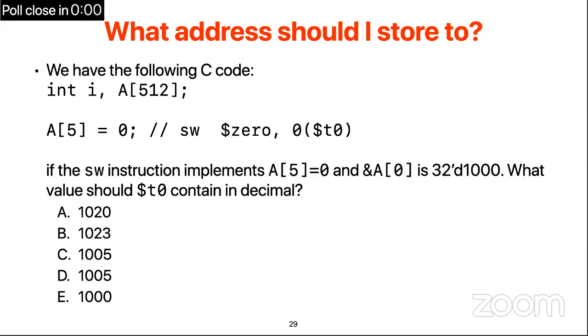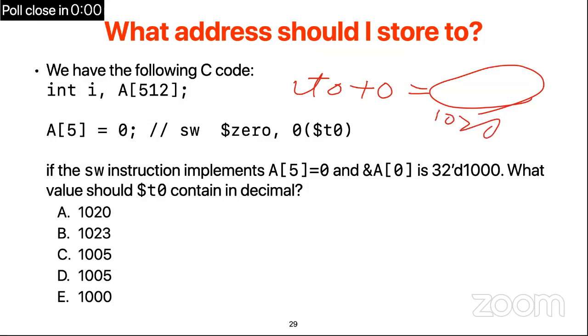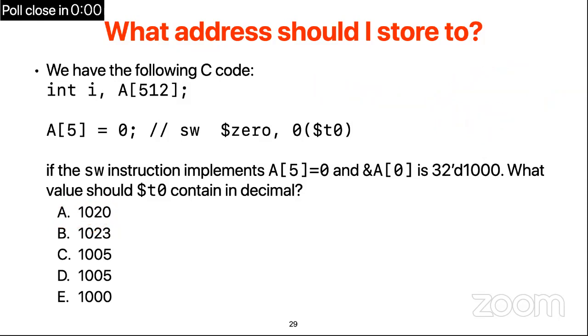Because the offset in this instruction is 0, the outcome of T0 plus 0 must be the target address, and if the target address needs to be this, then this is going to be the answer. I'm glad that most of you got it right, and hopefully the explanation clarifies some misunderstanding about memory addressing in MIPS.